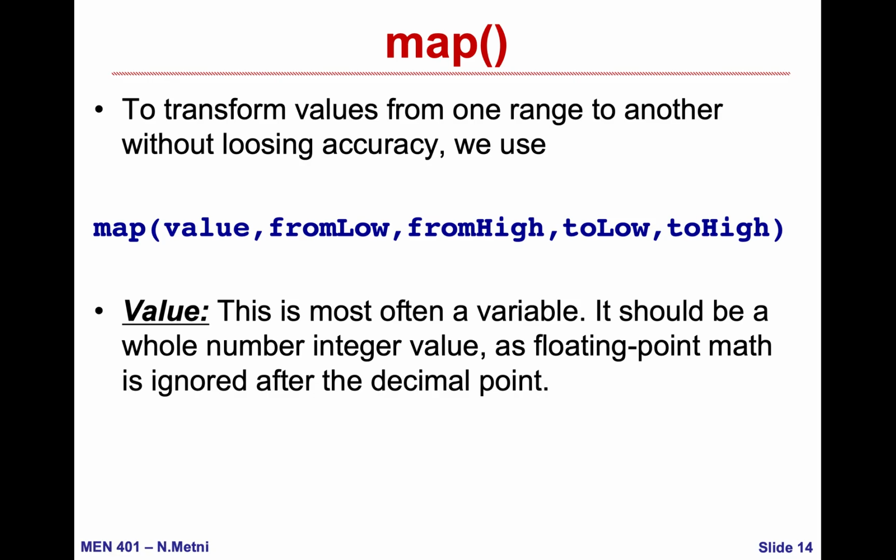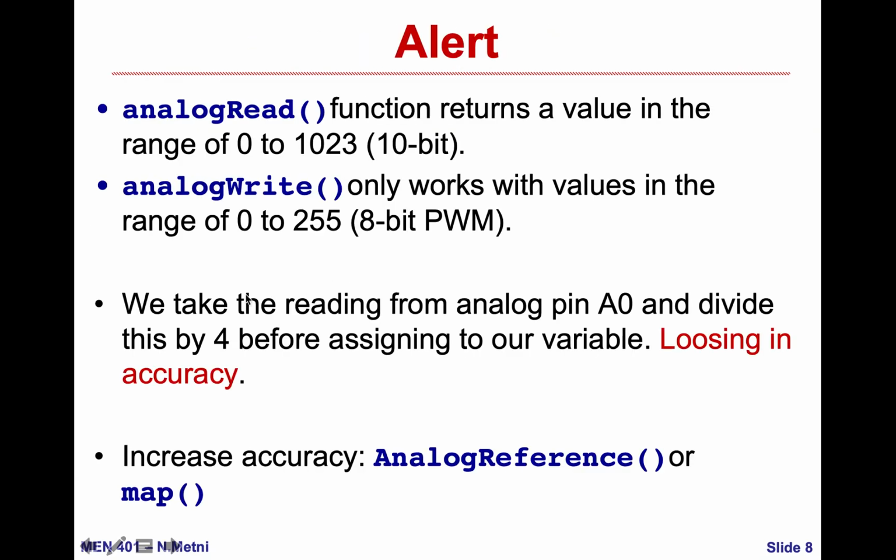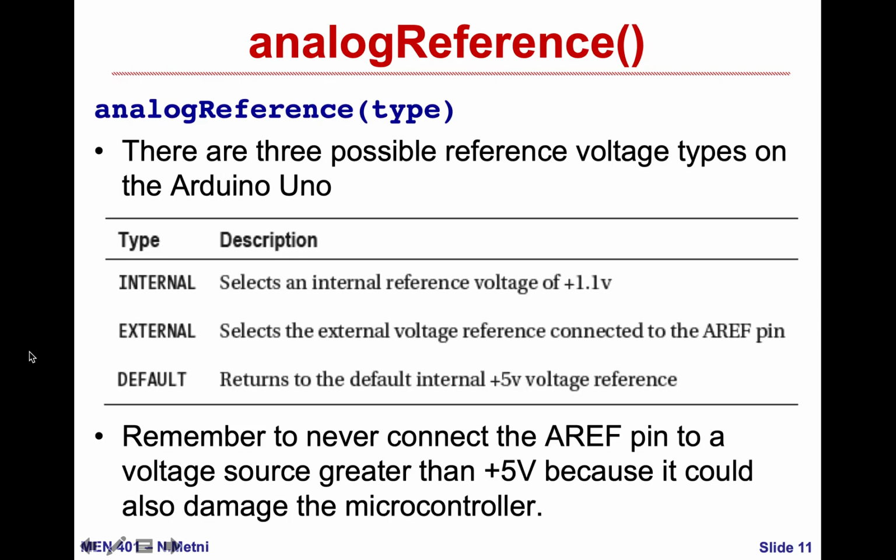Map. This is a linear relation, and this is one of the answers to the question: how can I improve the accuracy? So I can map.